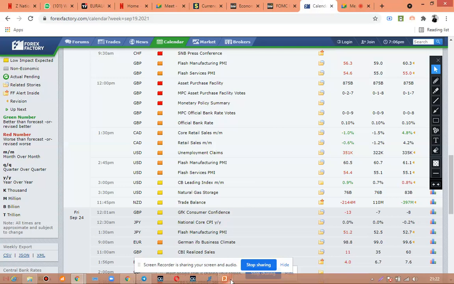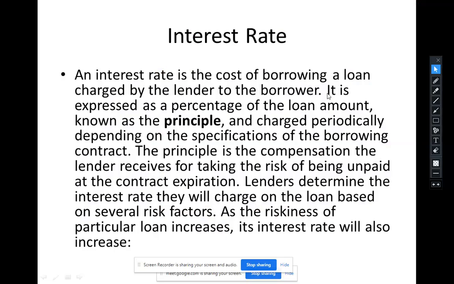Now let's move on. Let's see what happens. It is expressed as a percentage of the loan amount known as the principal and charged periodically depending on the specification of the borrowing contract. The interest is the compensation the lender receives for taking the risk of being unpaid at the contract expiration.